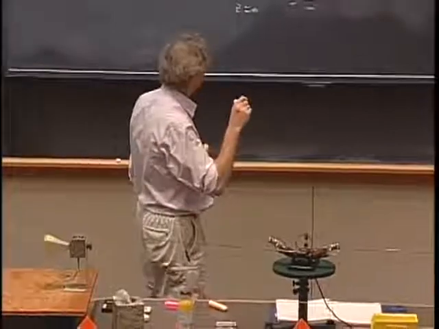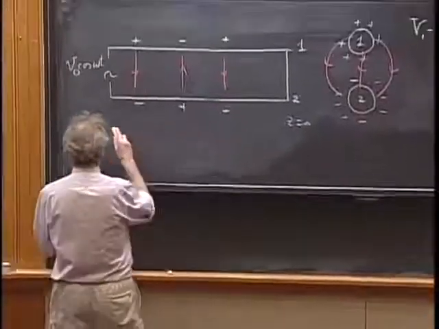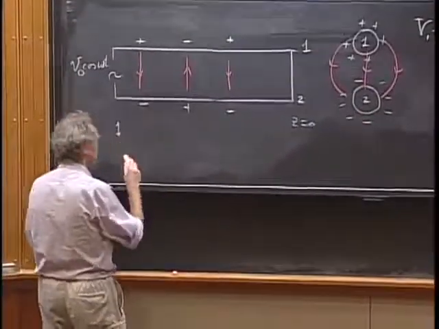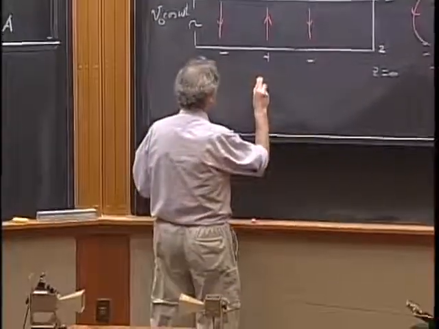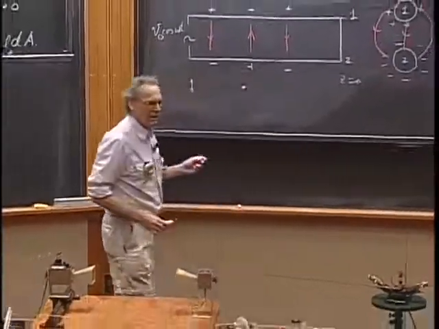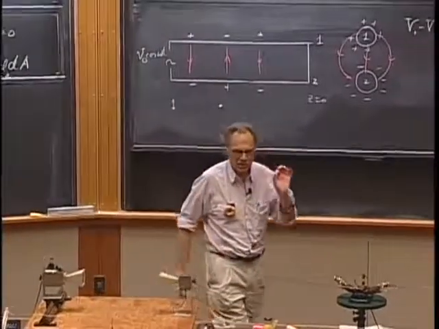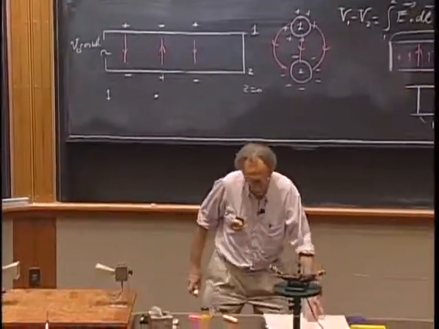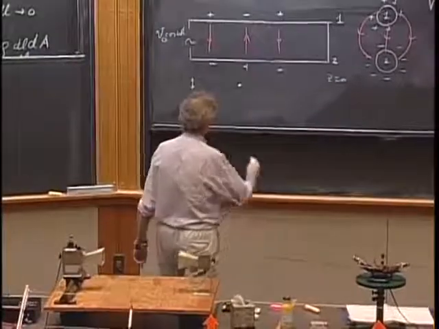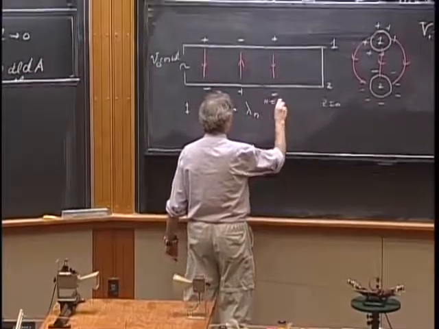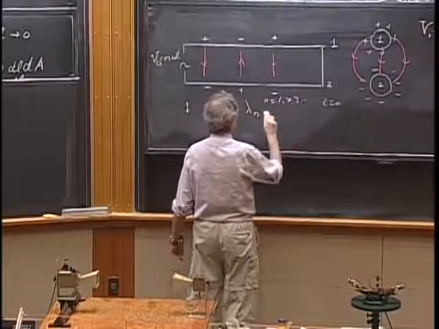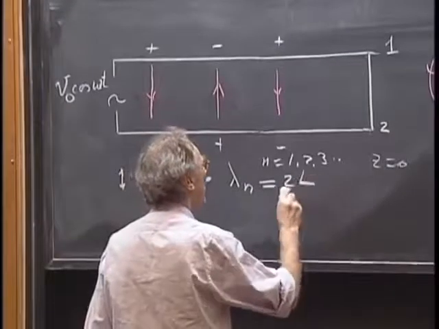We can drive a string at one end, just moving it a teeny weeny little bit, and the end is fixed. And we can set that system at resonance. The wavelength that we then get, lambda n, with n being an integer, so n equals 1, 2, 3, etc., is then 2L divided by n.